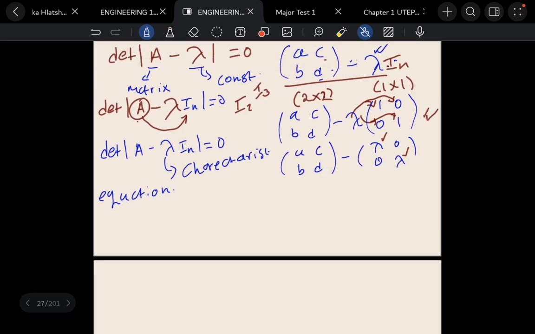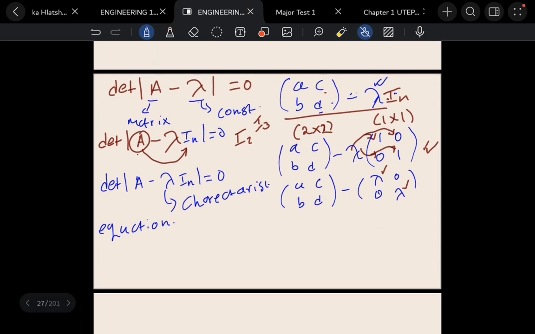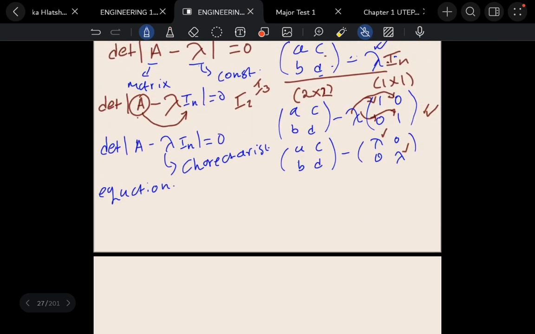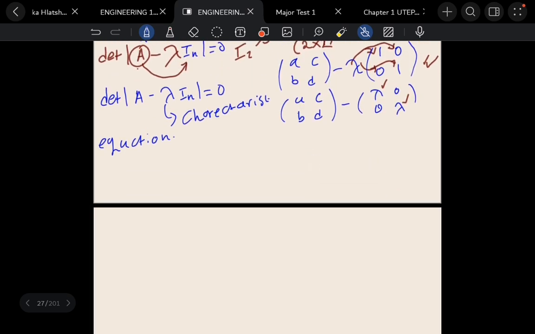So it's going to help you to find the eigenvalues of a particular matrix, right? So let us look at an example. No, we're not going to look at an example, but we're just going to focus on the characteristic equation, right?